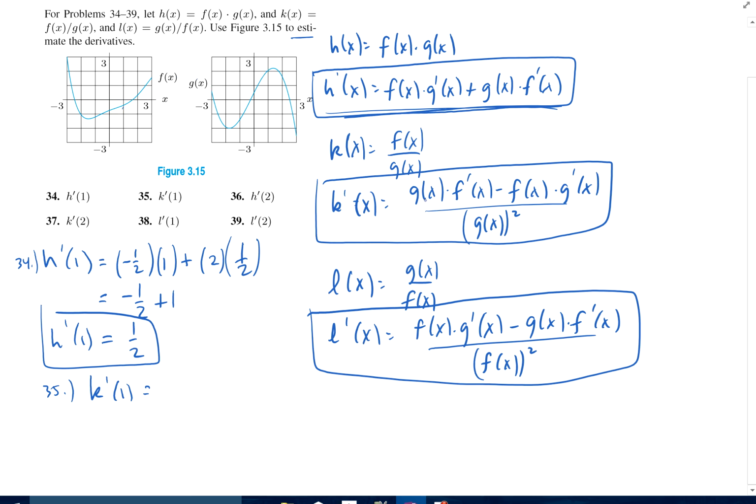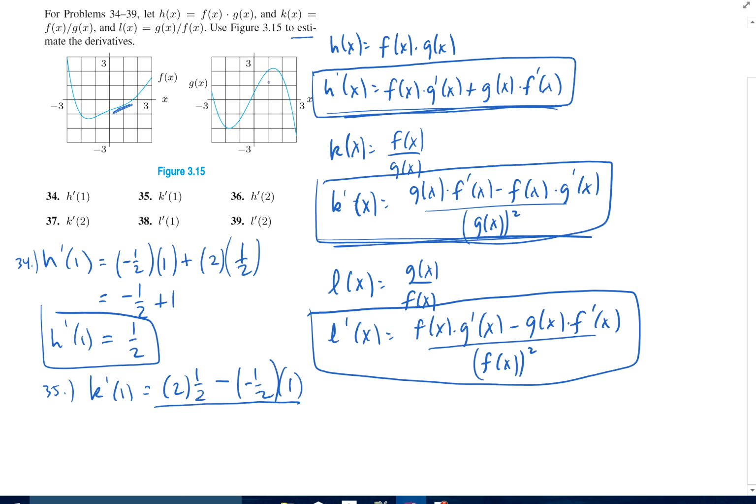Using this formula, g of 1 is 2 times f prime of 1, which we said was 1/2, minus f of 1, negative 1/2, times g prime of 1, which we said was 1, all over the bottom squared.